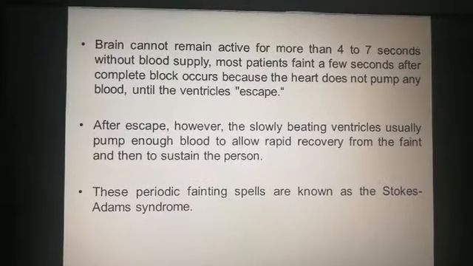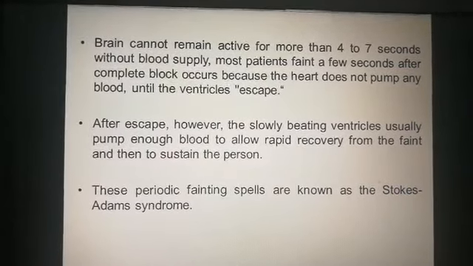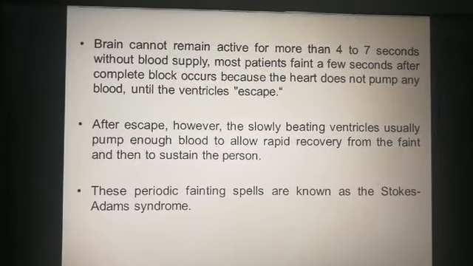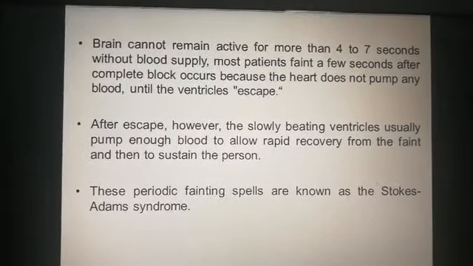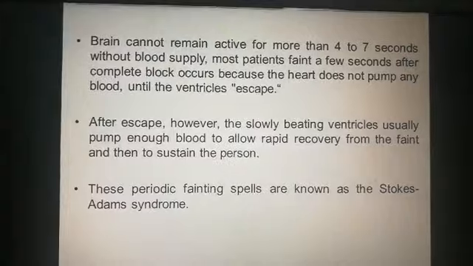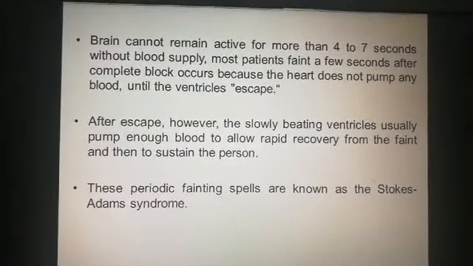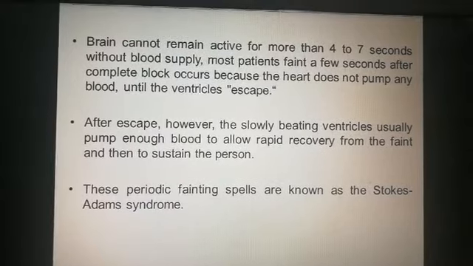Even though they beat slowly, they provide enough blood to the brain to sustain the person's life. These periodic fainting spells are known as Stokes-Adams syndrome.